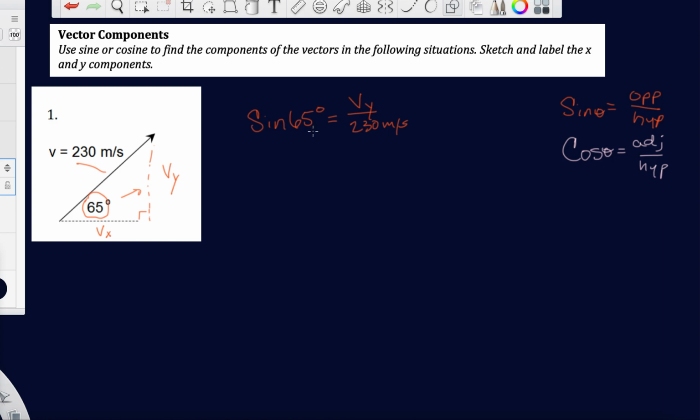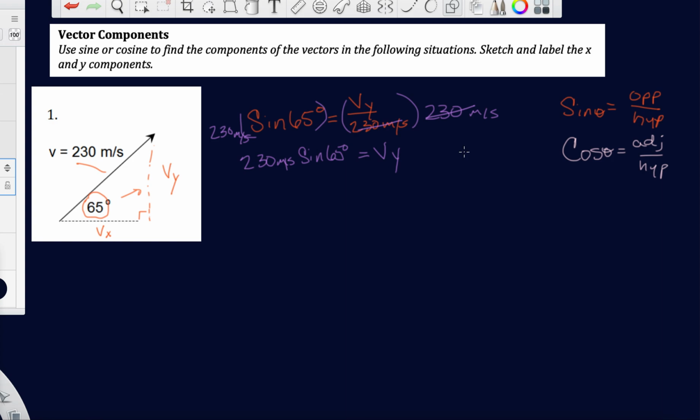And what we do is we want to get Vy all by itself, so we multiply both sides by 230 meters a second. So this is 230 meters a second times sine 65 is going to be equal to our y component of our velocity.